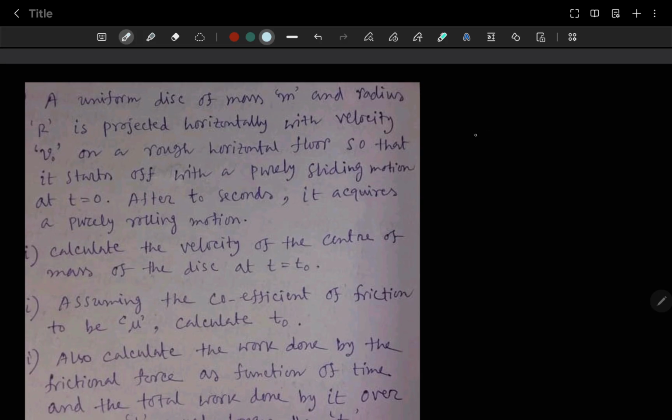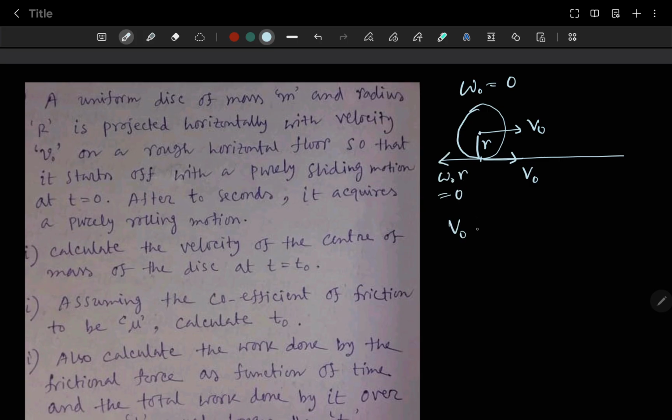So here initially it was having a pure sliding motion, that means the velocity of center of mass was v0, but it was not rotating, so omega 0 was 0. So it is v0 and this is omega 0 r, this is 0. So clearly v0 is greater than omega 0 r.